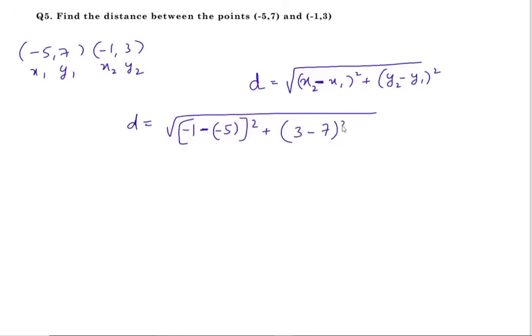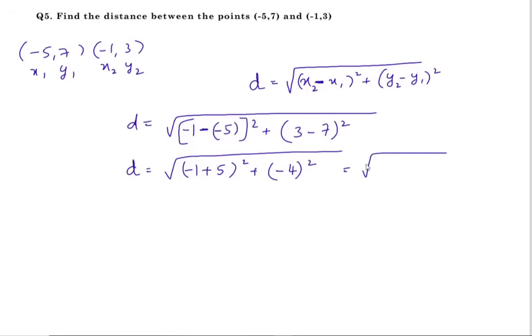Students, don't just watch the video, try to repeat with me. Minus into minus is what? Plus. Minus 1 plus 5 whole square plus 3 minus 7. Because you are subtracting a bigger number from the smaller number, you should put a minus sign, that is the bigger number's sign, which is minus. 3 minus 7 is minus 4 whole square.